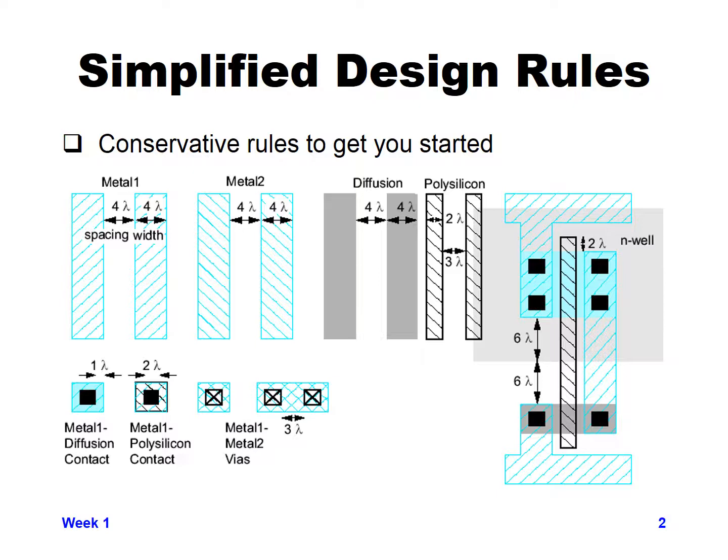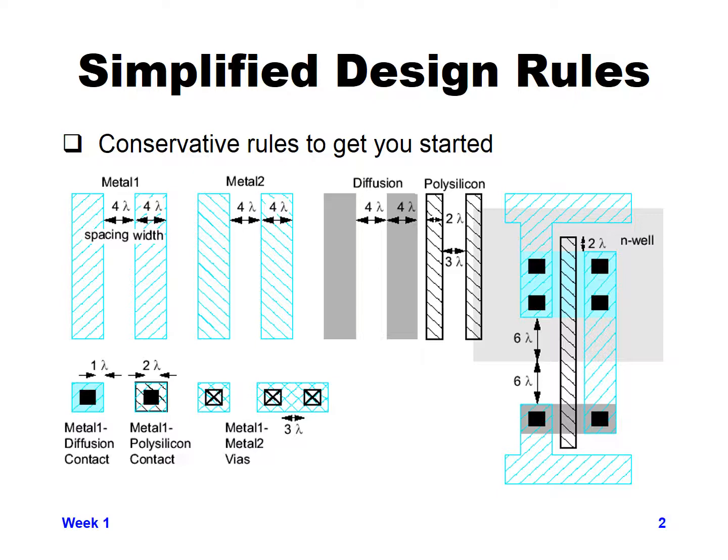And just as an example, metal 1 might have a minimum width of the metal itself that can't be any narrower than 4 lambda, and the distance between one piece of metal and another piece of metal can't be any narrower than 4 lambda, just as an example.